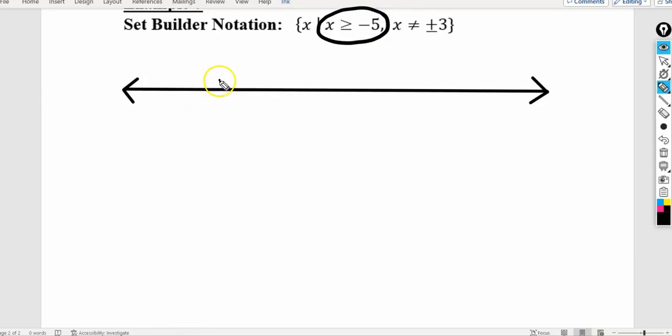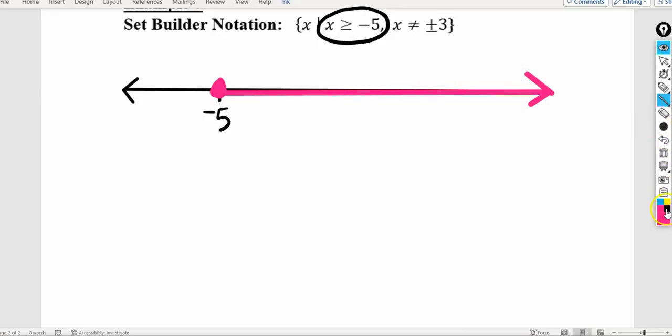So I need to find -5. And what I've circled there says X is greater than or equal to -5. So I'm going to start by including -5, and x is going to be either equal to -5 or to the right. So where is the arrow going? To the right. That's that first part.